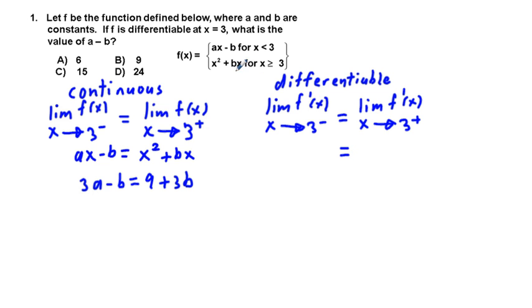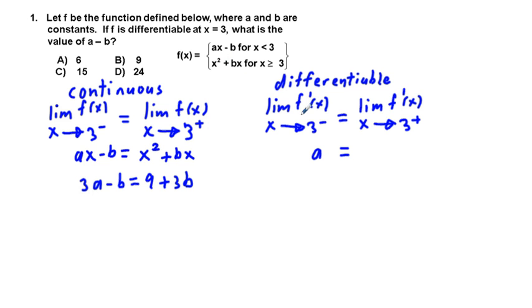And so the left side here is going to be ax minus b. Well, the derivative of ax minus b is going to be simply a, because the derivative of x is 1. So we're going to have just a on the left side.